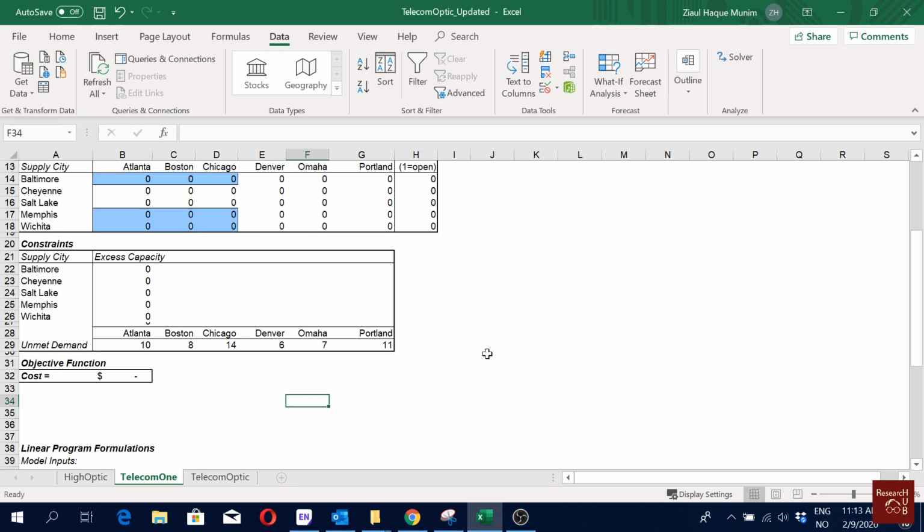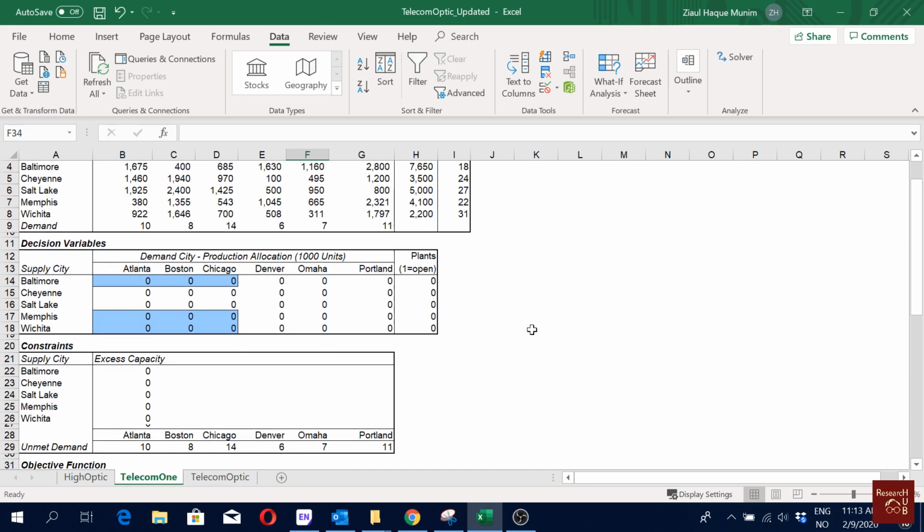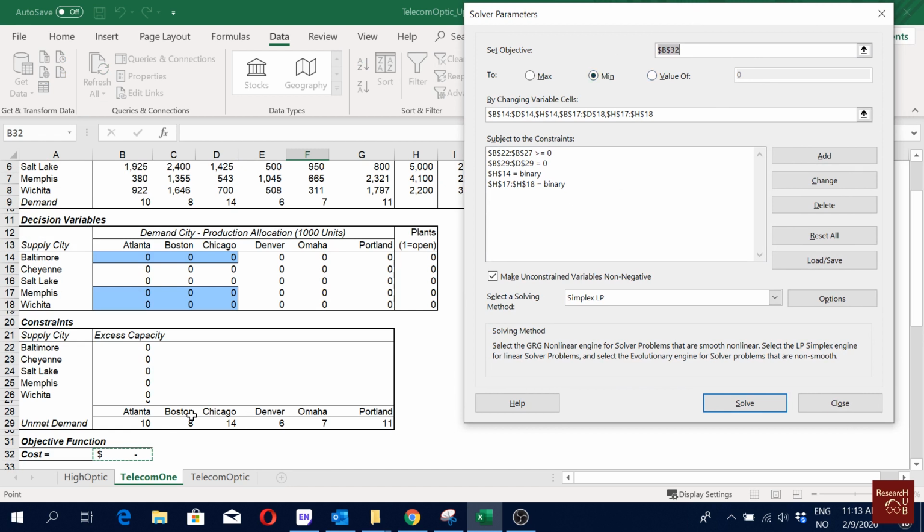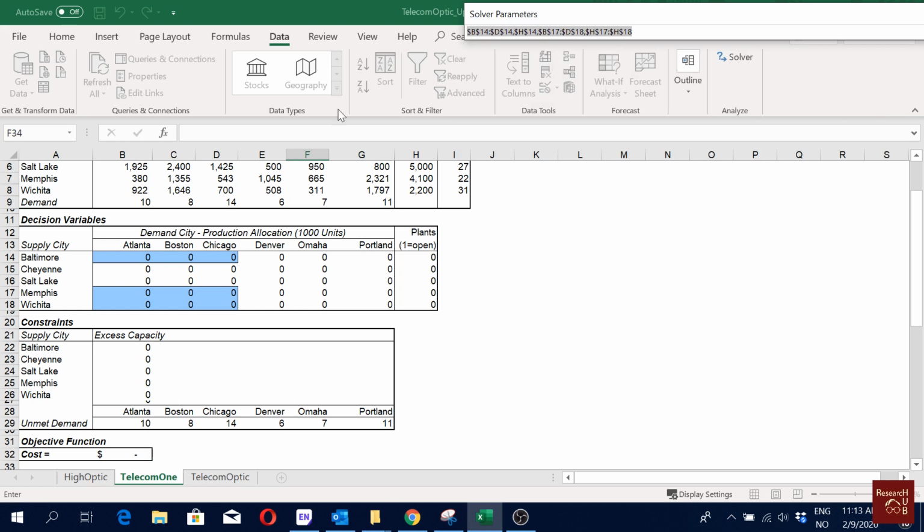So now we are going to minimize it, and again I'm going to go to solver, and we see that we have a setup here, so we minimize this. And by changing values here, you can see we have different ranges. For B14 to D14, we use B14 to D14, then we say comma, then we say H14. By that we mean that we will change this one because we are not dragging all of them, because we will not change these parts.